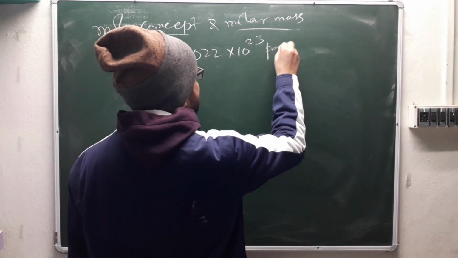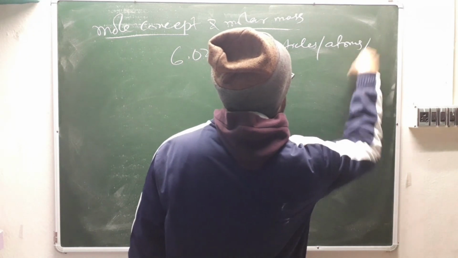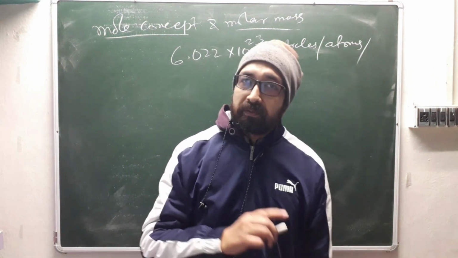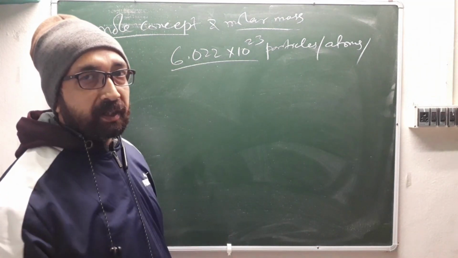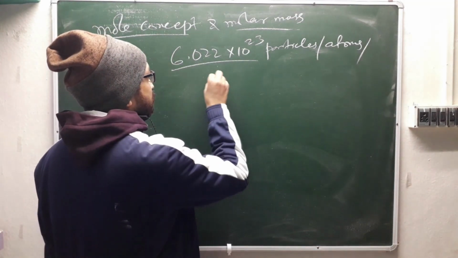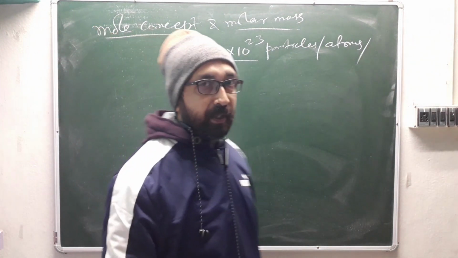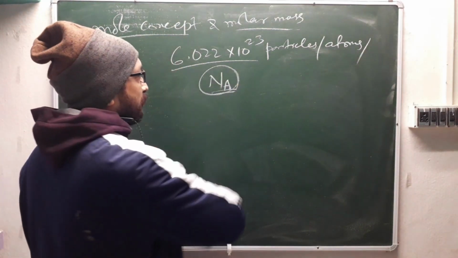You can say particles, atoms, ions, or molecules, whatever you want, but the number will be 6.022 into 10 to the power 23, and this number is called Avogadro's number. We represent it with N subscript A. So N_A is Avogadro's number.